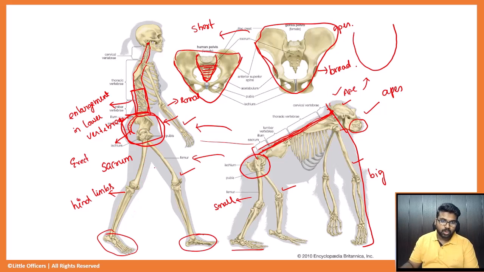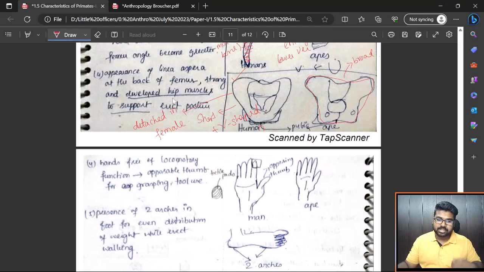The forelimbs are mainly used for holding, carrying and tool making purposes. So even if they are small, it's okay, they can manage. That also reduces the weight in the upper body. If your forelimbs are smaller, the upper body weight will be lesser. So this is another modification that has happened.